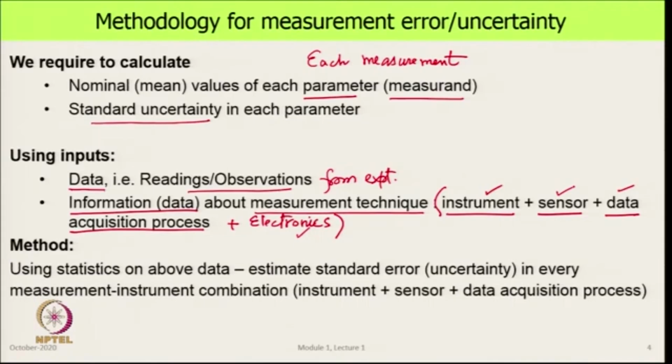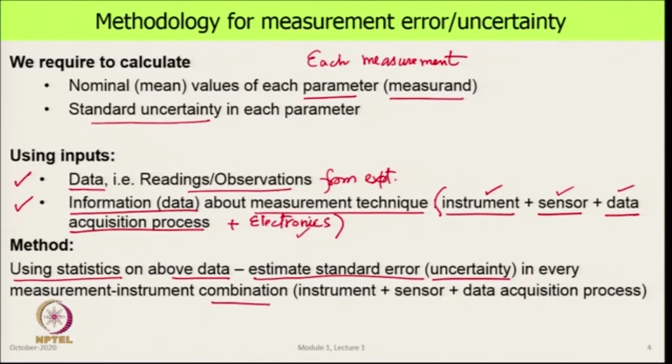So, that is the two pieces of information we have, and the methodology for doing that is that we go back to using statistics on these above two pieces of information, and using various relations we estimate the standard error and the standard uncertainty in every measurement instrument combination.